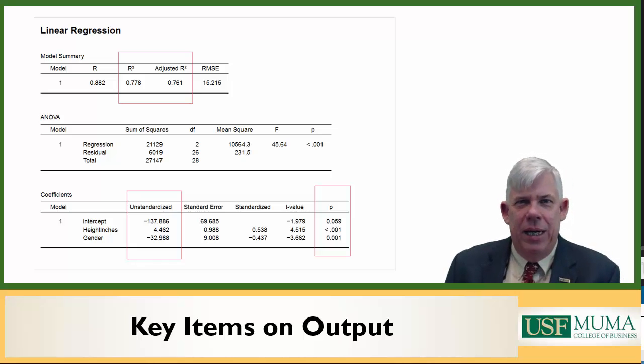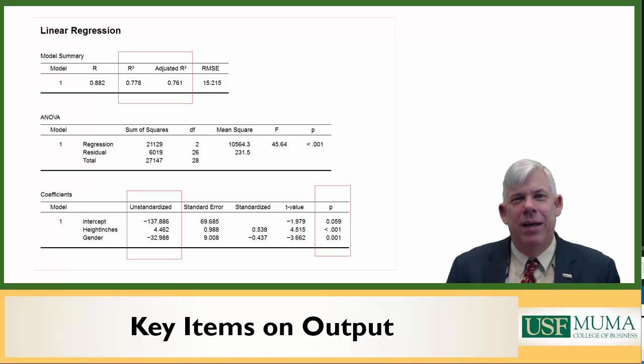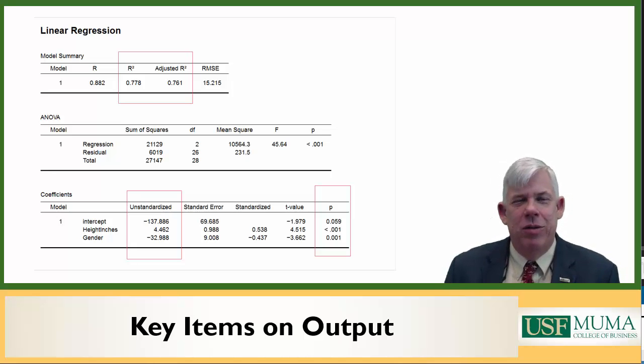Now, the next thing that's important is these p-values. As we've talked about, whenever you're looking at research, you always want to look for p-values, because that's basically the way the statistical model tells you whether or not your data is pretty much random.